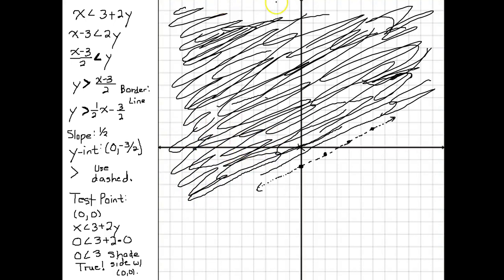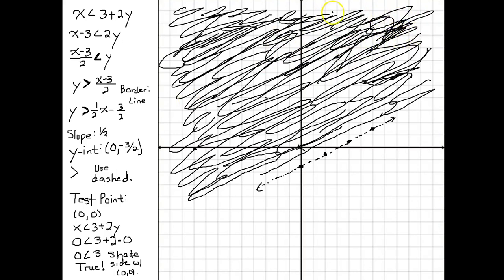Some of the newer models can figure it out, but not everybody's got those newer models. So you're going to need to know what you're doing. If you have an older TI-83 or even an older TI-84, you've got to know what to tell it. But there you go. There's the solution set to that inequality.